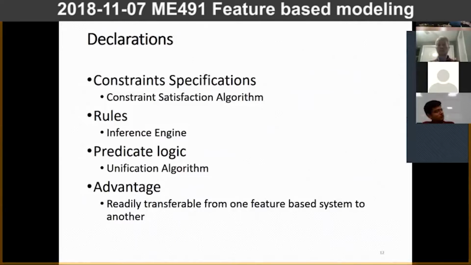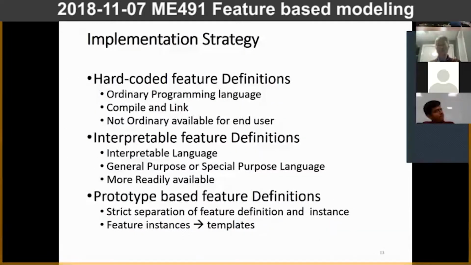So for that, we will require a unification algorithm. What is the advantage of declarative feature-based definition? That it is readily transferable from one feature-based system to another. Like exchange is very easy. You can convert one native system's CAD file to another. So it is the advantage of the declarative system.